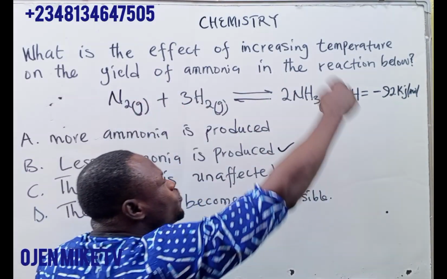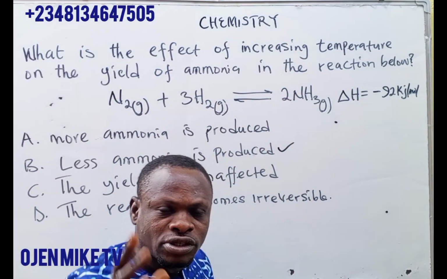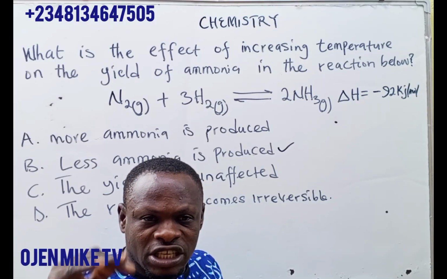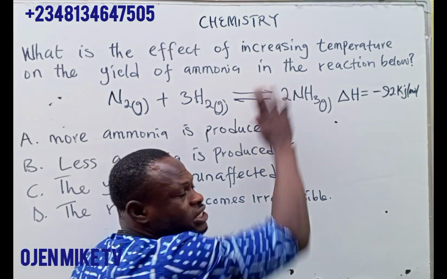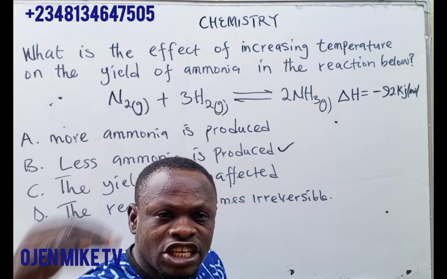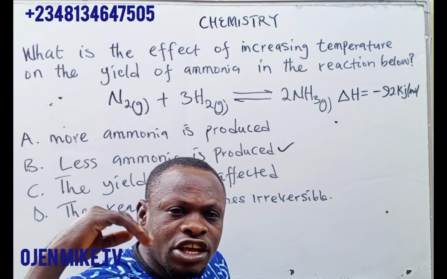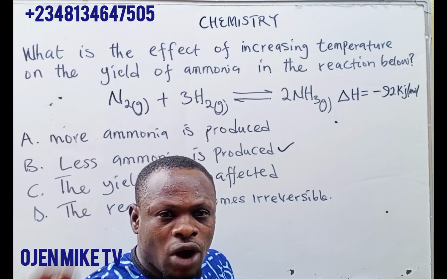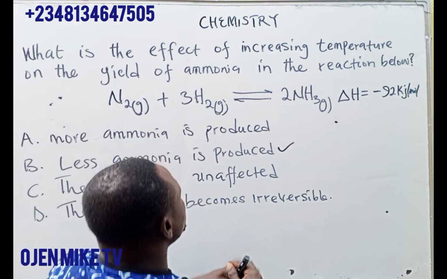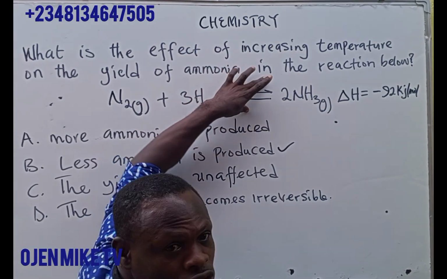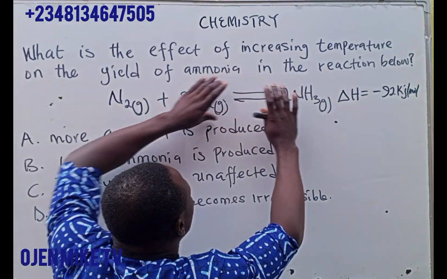Do you get that? Now, if you increase temperature, Le Chatelier's principle says that anytime a system is in chemical equilibrium, and any external constraint is imposed on the equilibrium, it will shift in order to annul that effect. So now, if you add temperature to this side, the equilibrium will adjust.